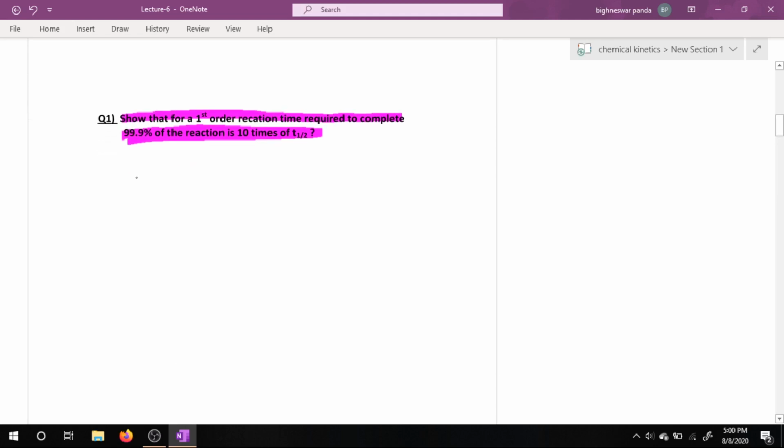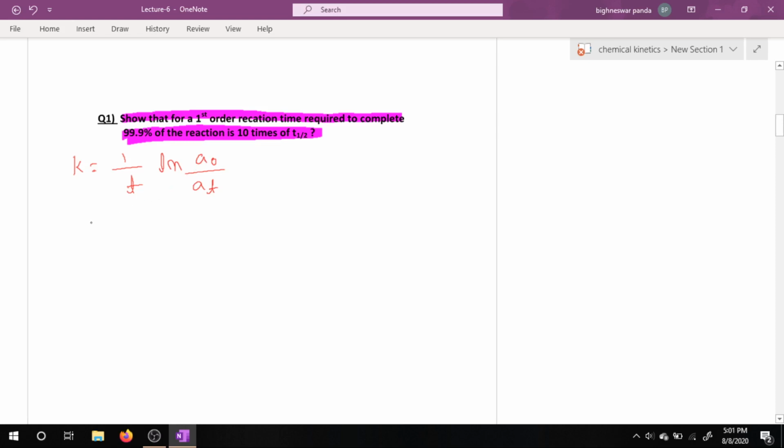In order to solve this problem, we have the formula of first order kinetics, where t is the time period, a naught is the initial concentration, and at is the concentration left after time t.